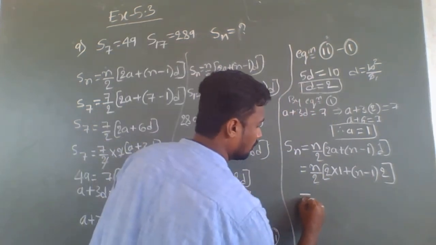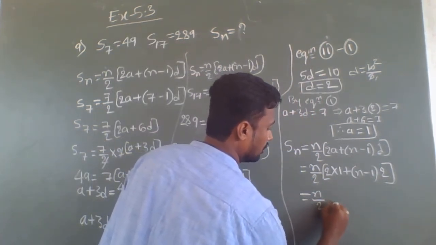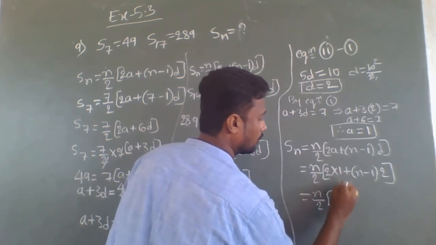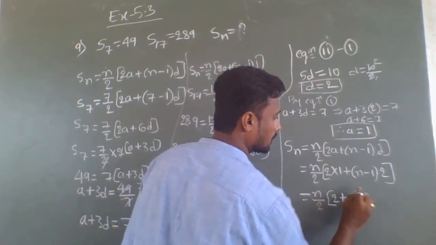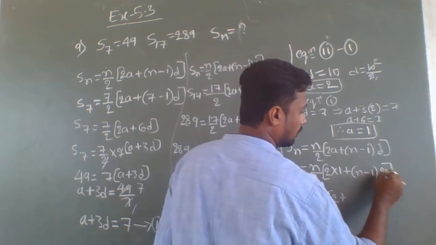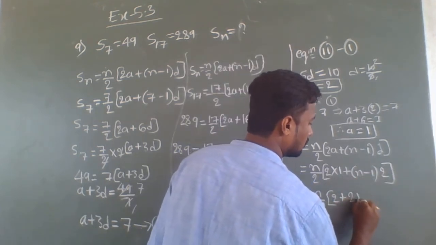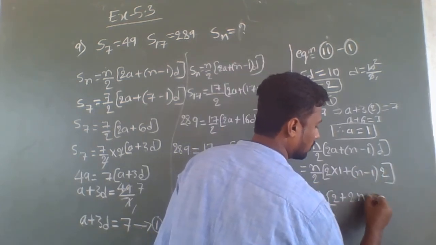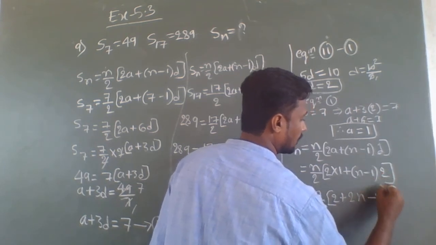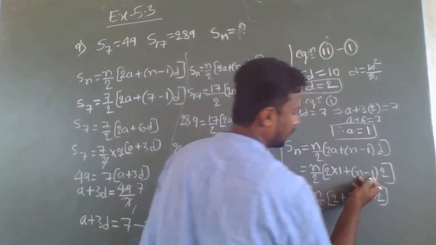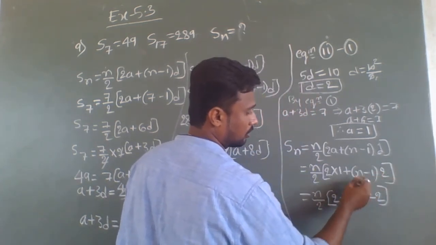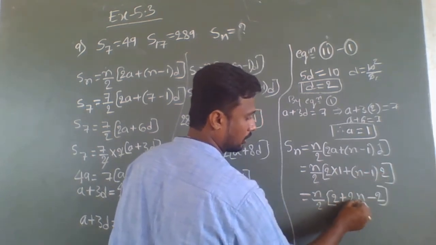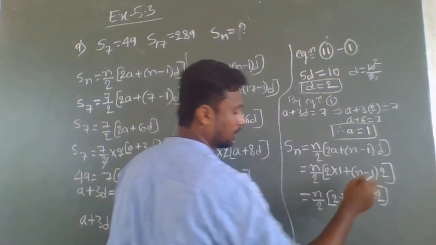Okay, so now n by 2 into bracket 2 into 1 means 2, plus n into 2 means 2n, minus 1 into 2 means minus 2. Here I multiplied n minus 1 by 2. Therefore, n into 2 means 2n, minus 1 into 2 means minus 2.